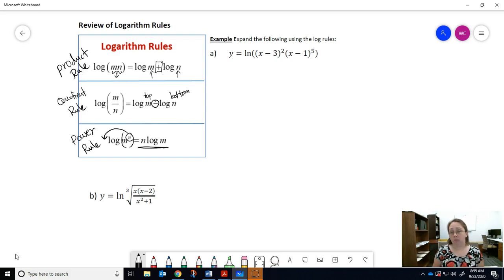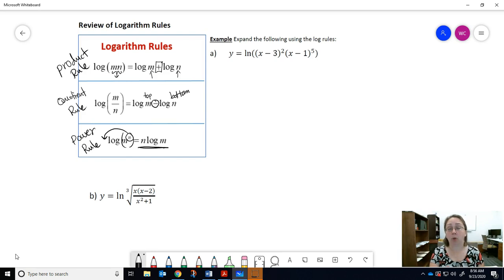Now, the benefit of these rules is it allows us to take what could be one complicated problem and break it up into multiple small problems. Because when you have addition and derivatives, you look at each term separately for finding the derivative. That is what we're getting out of the product and the quotient rule. For the power rule, these powers are just numbers typically, so you'll just end up with a constant multiple.